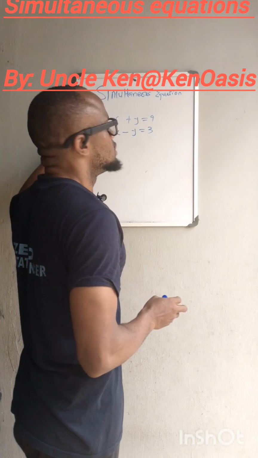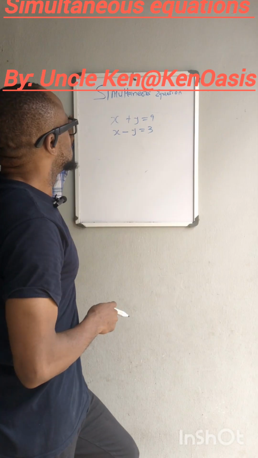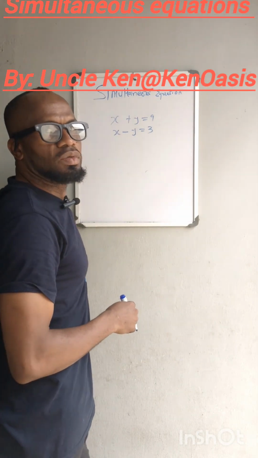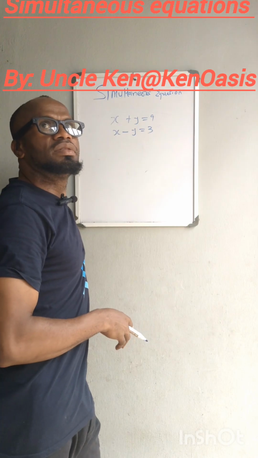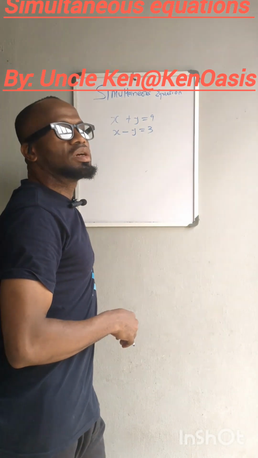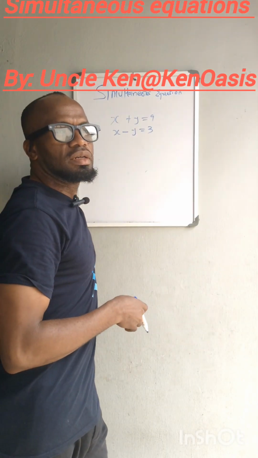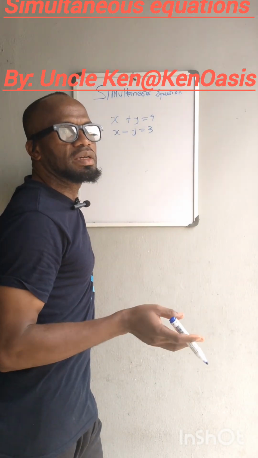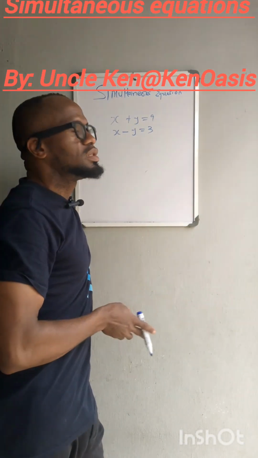This is simultaneous equation, a situation whereby this equation is given in an objective. There is a very fast way of solving it, but if it is given in the theory part, there is also a procedure for solving it.